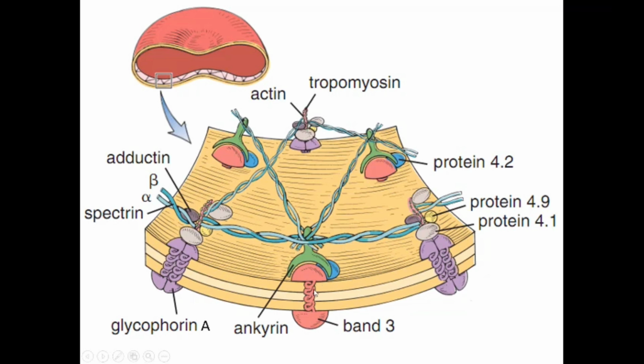The important integral proteins like band 3 and glycophorin A usually function as ionic channels. And important peripheral proteins like spectrin and ankyrin are very important in maintaining the biconcave shape of red blood cells.